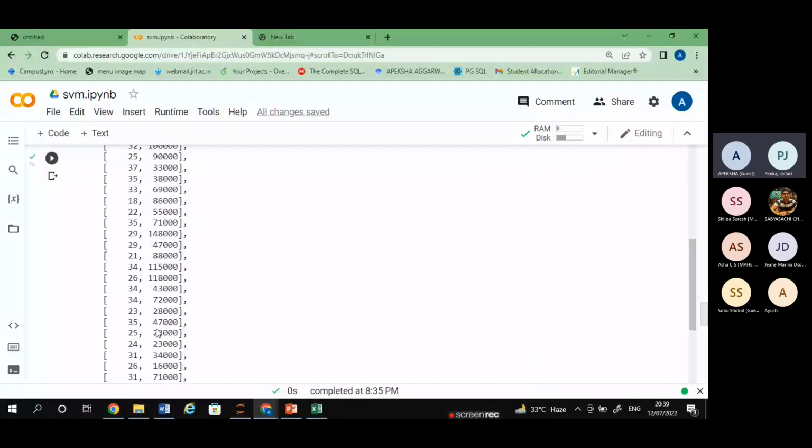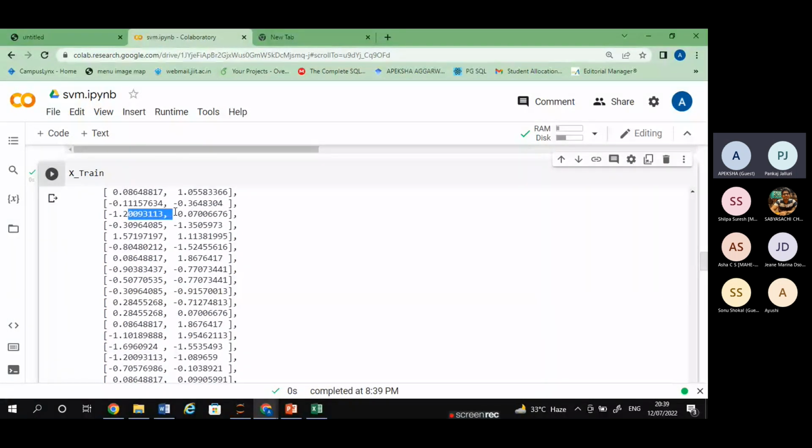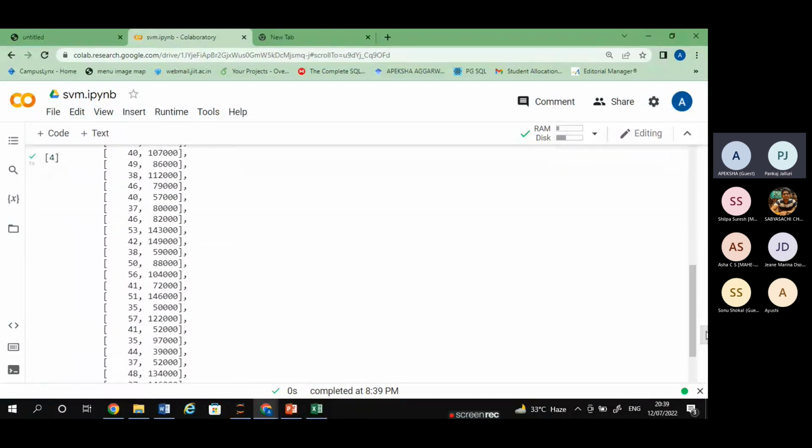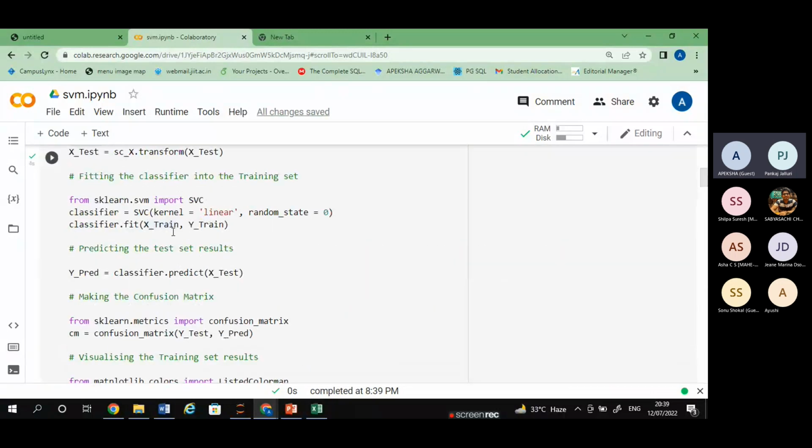Suppose I print X train, so you will see it like this. So these are the normalized values, because I don't want to train my data set on these large values. So I have normalized the x. Why do we do normalization? Because we want to make the algorithm learn faster.